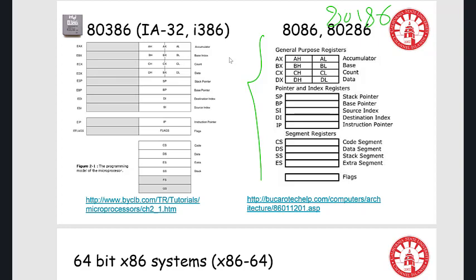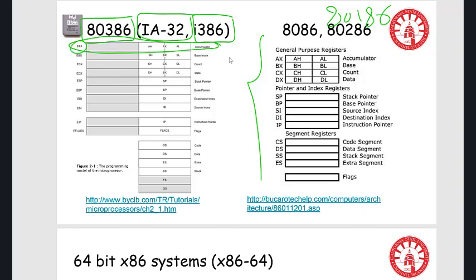And then the next model in this family, which is 386, which is also known in the literature as IA32 or i386. This CPU has 32-bit registers. So the first one is EAX register.